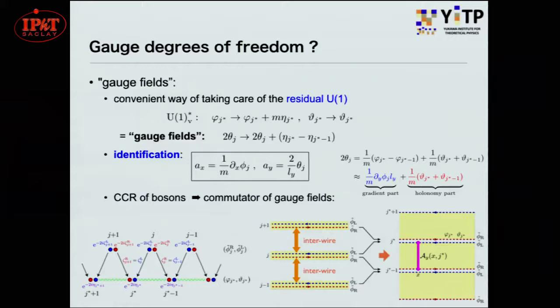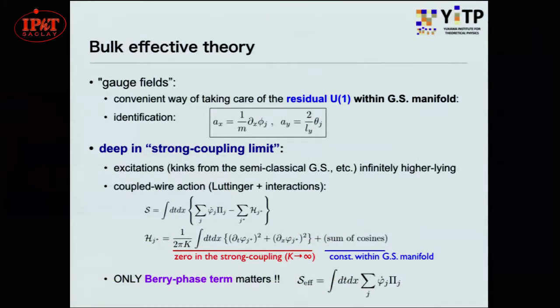Okay, now that we have identified the gauge degrees of freedom, we are at the stage of rewriting the coupled wire Hamiltonian, or coupled wire action, as the Chern-Simons action. Let's suppose we are deep in the strong coupling limit. This is my Hamiltonian: a sliding Luttinger liquid part, and some interwire interaction written in terms of a cosine-like interaction.